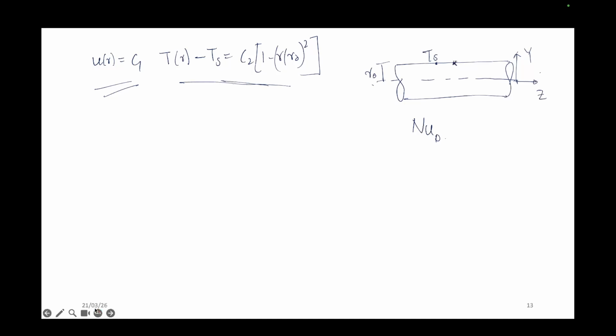So first, Shashwat, can you tell what is the formula of the Reynolds number? Huh. So it is rho u infinity L upon mu. No, it is h L_c upon k. What is L? In case of tube, what should be the characteristic length?